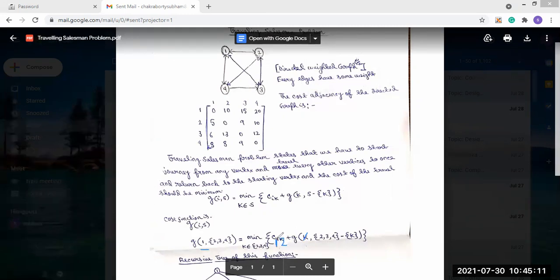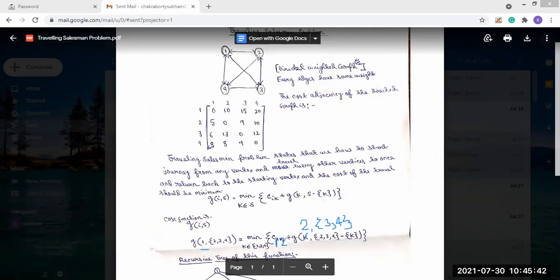Then G of K, comma, 2, 3, 4 minus K. Whatever value we choose from the remaining set will be omitted, so the set becomes 3, 4. That's how the general structure is formed.